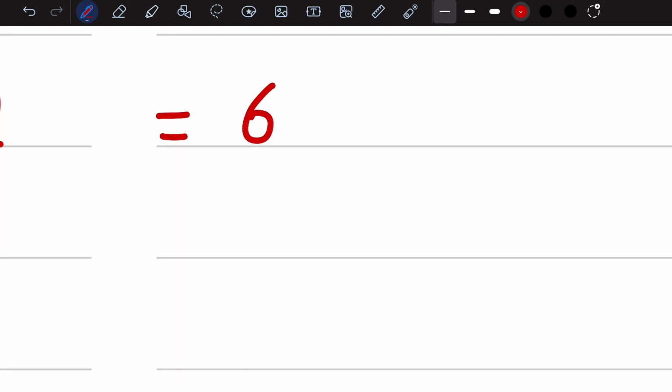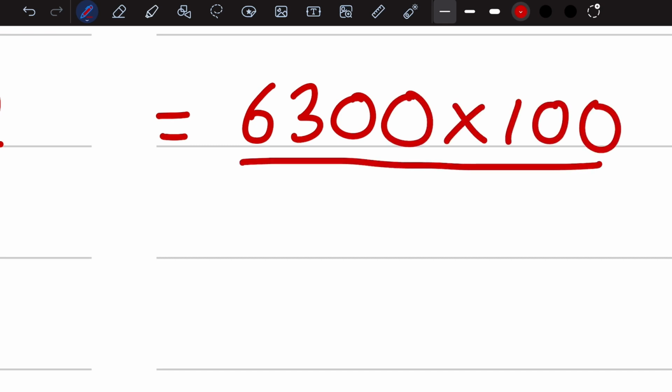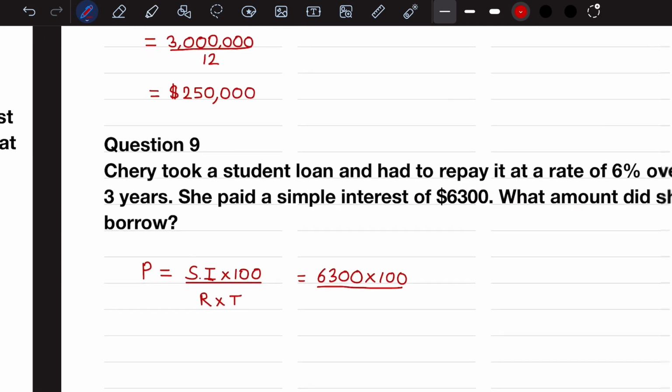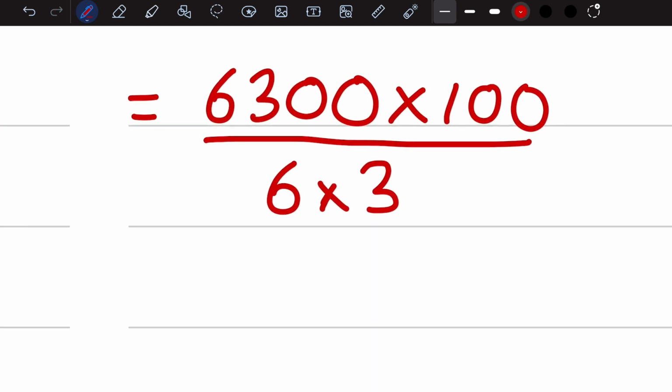So that's 6,300 multiplied by 100 all over 6% by 3 years. Right, so we can work those out.